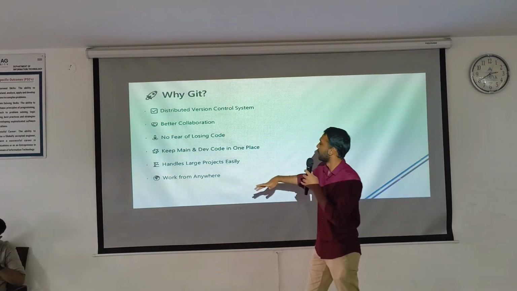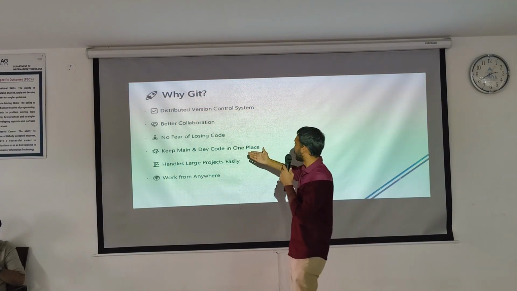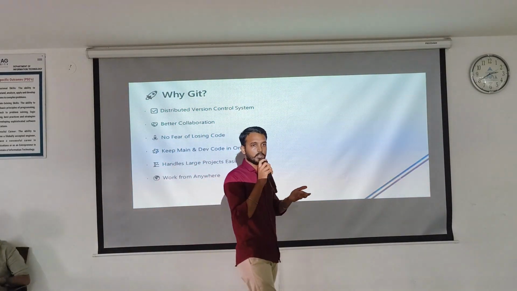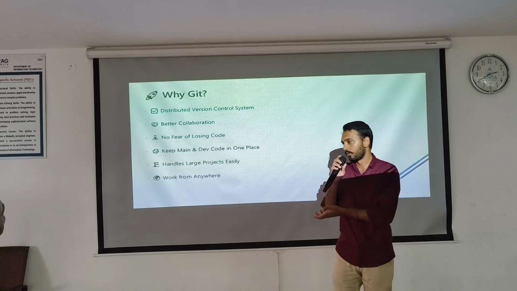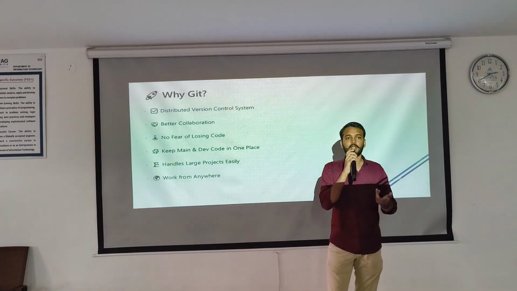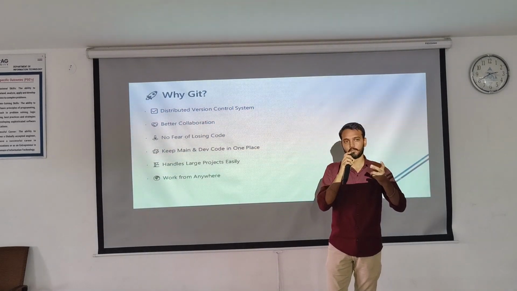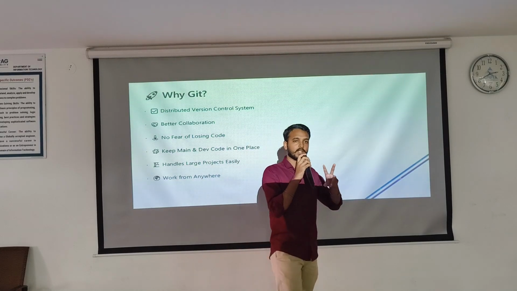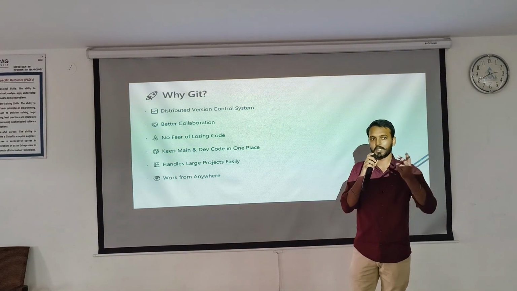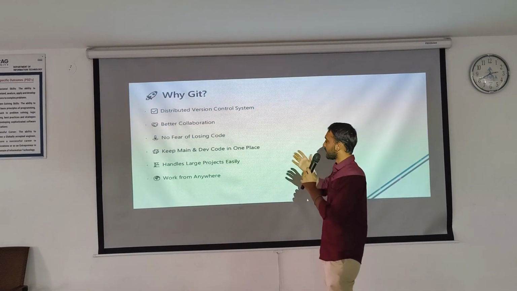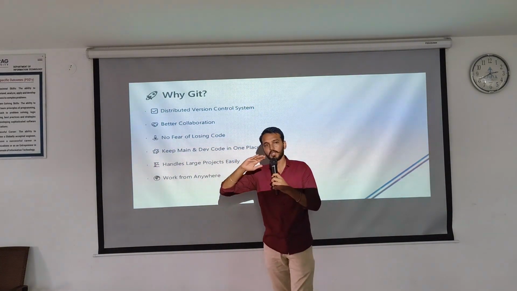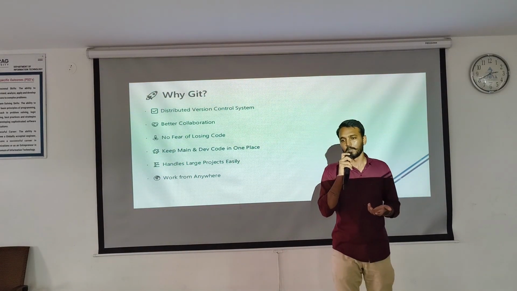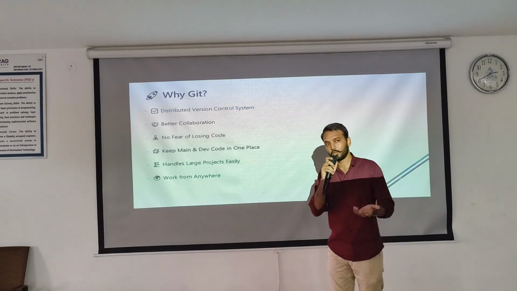Yes. So, keep main and developer code in one place. I will get to this point later, because when I discuss GitHub, there is the concept of branches. You will have 2 or 3 branches. Mainly there will be 2 branches for a developer: one is the main branch, one is the test branch. By development code I mean whatever test work you are doing.